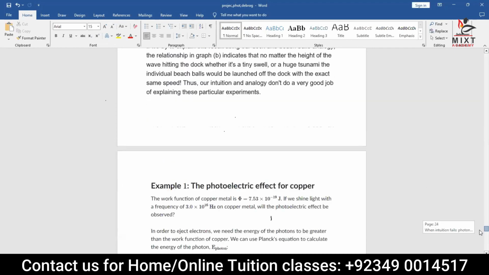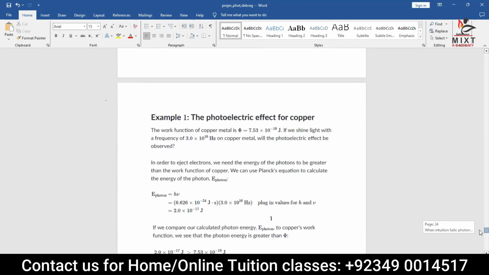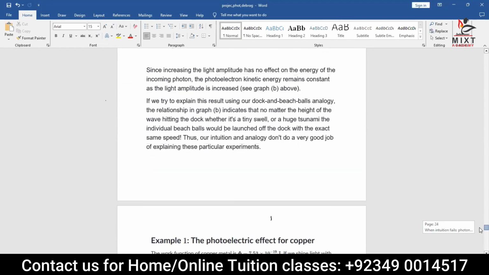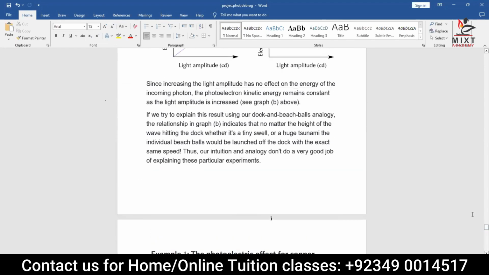So this is what the photoelectric effect was. Did you understand everything in the photoelectric effect? So what was the conclusion? The conclusions were very interesting. The equation we came across was E photon equals KE of electrons plus the work function.